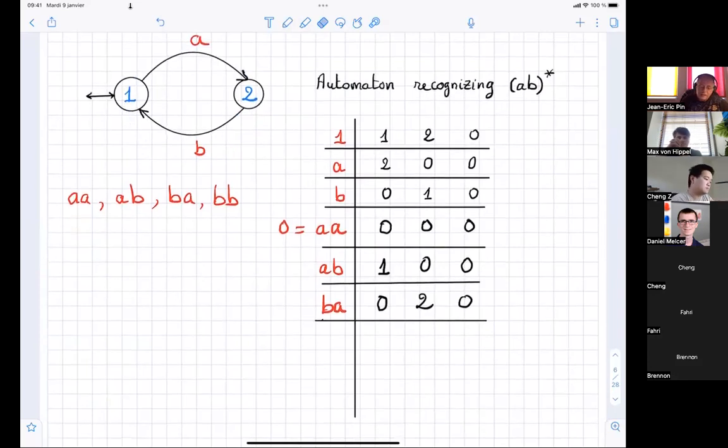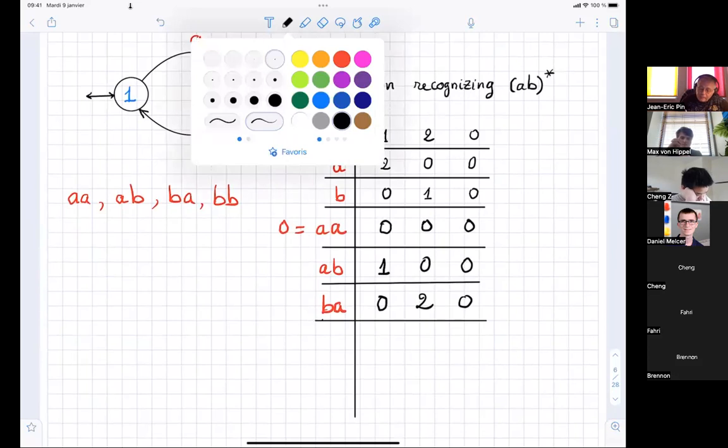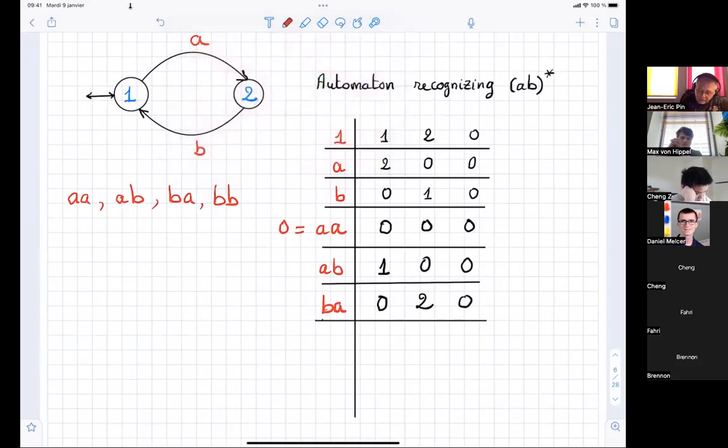Well, if I start from 1, I can't read B. If I start from 2, I can read B once, but I cannot read BB. So actually what I got is that BB is exactly the same as AA. So you will end up with the 0, 0 map. So let me keep this as a relation in my monoid: BB is equal to AA, which is equal to 0.